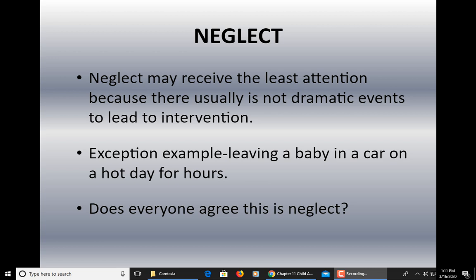No matter what category we go over, unless it's extreme, like a baby being left in a car and ending up dying, it usually doesn't get as much attention, because it seems to get more attention for what people do instead of what people fail to do. And not everyone has the same opinion of what constitutes neglect.